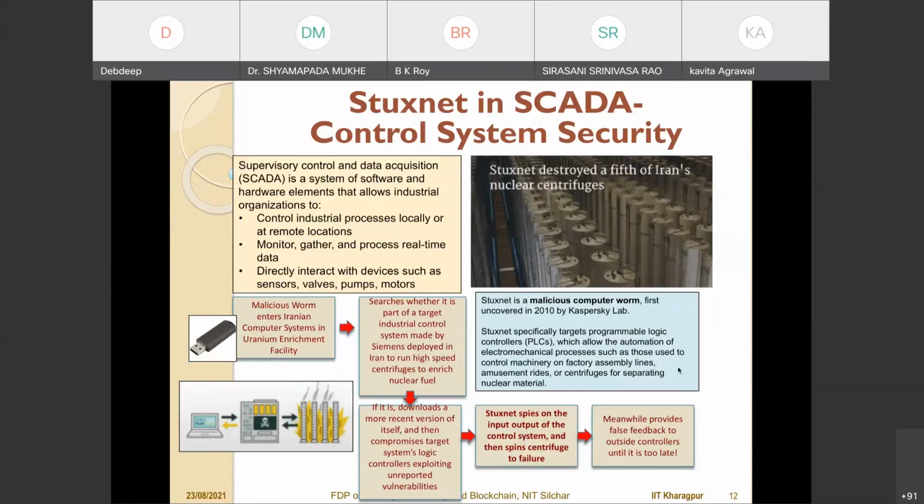The centrifuge starts to rotate at an enormously high speed, and it leads to a complete breakage of the entire system. So this was a very powerful malicious computer worm, being one of the reasons for this attack on the Iranian uranium enrichment facility, and it was not detected by any of the popular antiviruses like Kaspersky and so on.